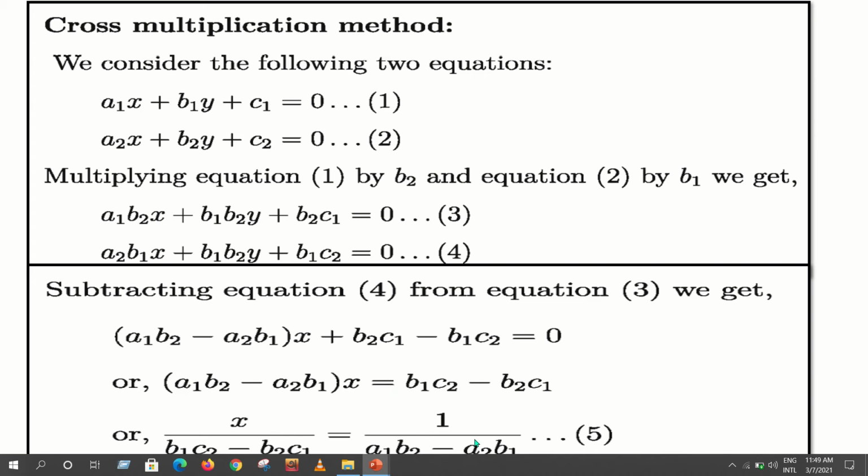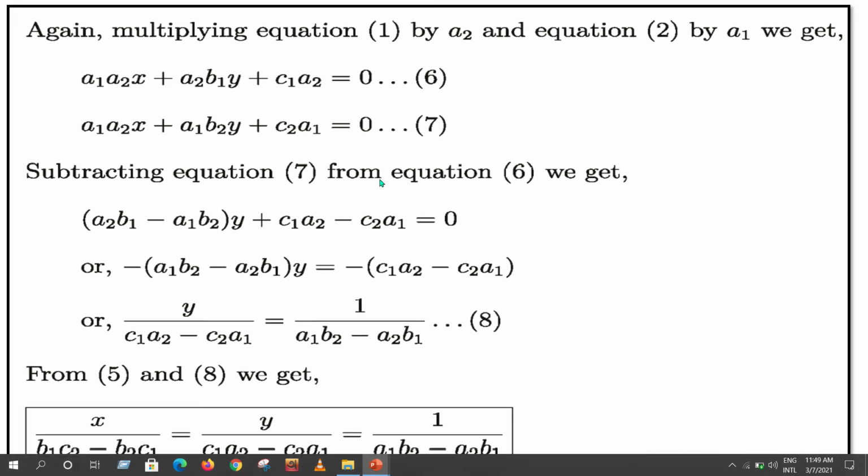Also we have to find the value of y. As a result, we have to multiply 1 by a2 and 2 by a1. Okay, now follow. Here will be a1 a2 into x plus a2 b1 into y plus c1 a2 equal to 0.